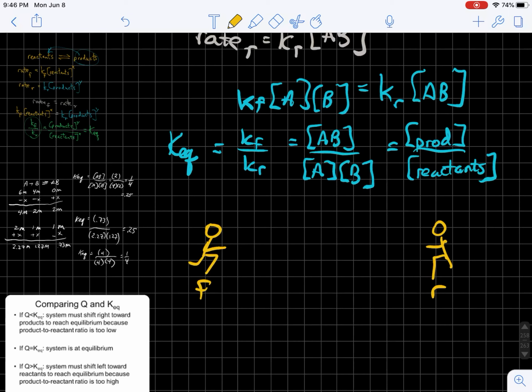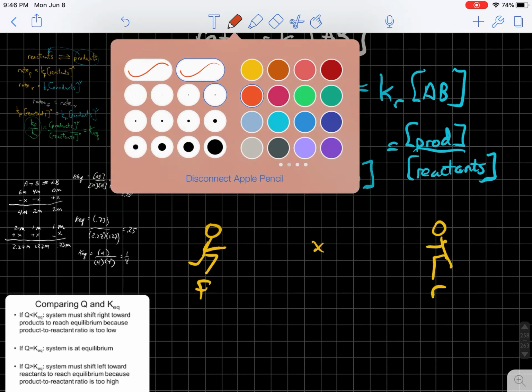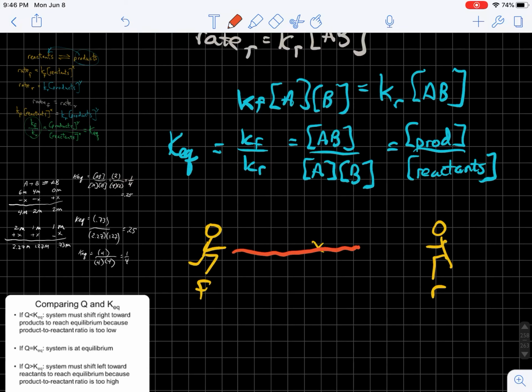And if they were running at the same speed when we start the race, they would meet right here in the middle. However, if the forward reaction guy was faster and the reverse reaction guy was slow, they wouldn't meet in the middle. This guy would cover more ground, and let's say they might meet there, or they might meet even further along towards where the reactant guy is.